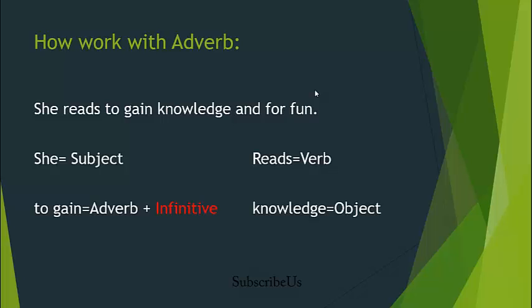So to gain is the adverb over here, and it's an infinitive also. And how is it an adverb over here? Gain is actually a verb in itself. Firstly, without to, it is gain, a verb base form, and it is talking about the previous verb reads. And whenever a verb qualifies a verb, it is an adverb.